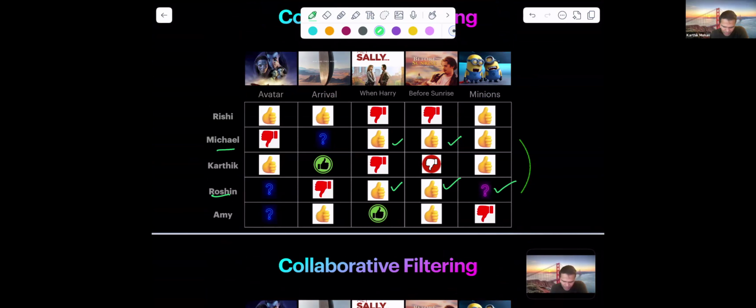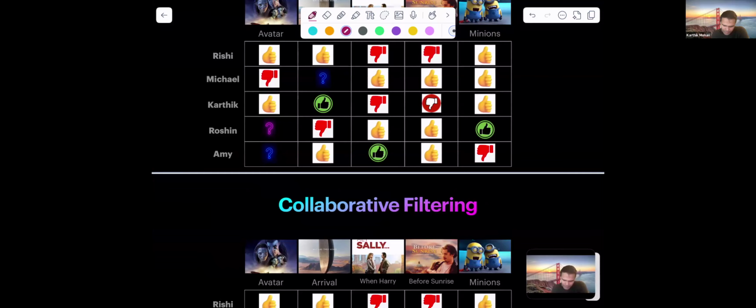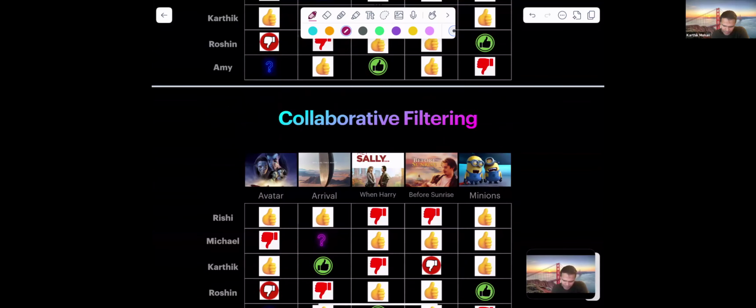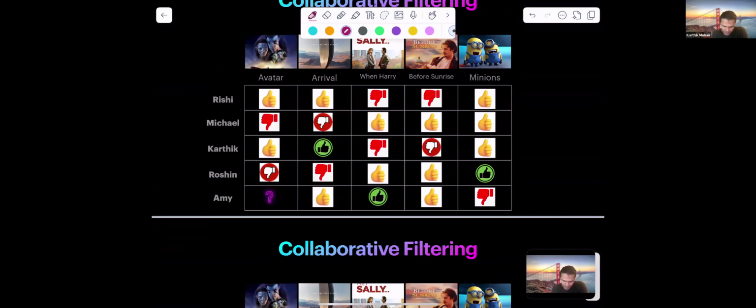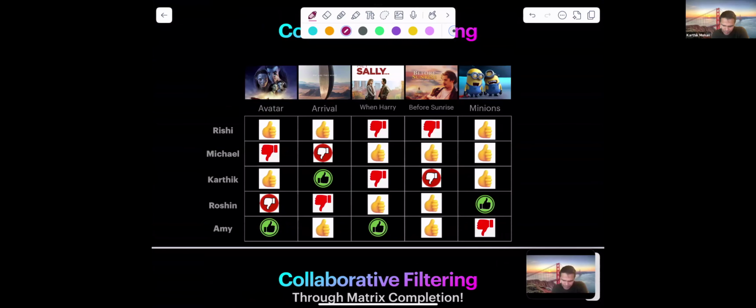And since Roshan dislikes Arrival, maybe we can say Michael also dislikes Arrival. Okay. So just completing this matrix, you can do the same way, and then now you get a completed matrix. All these ones were missing ratings, but they got filled out.